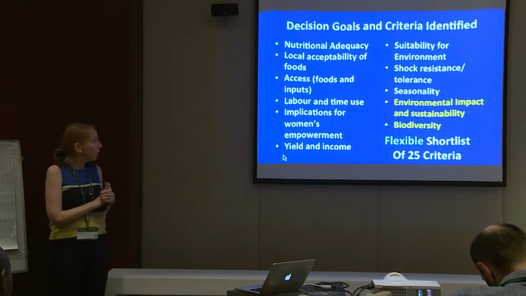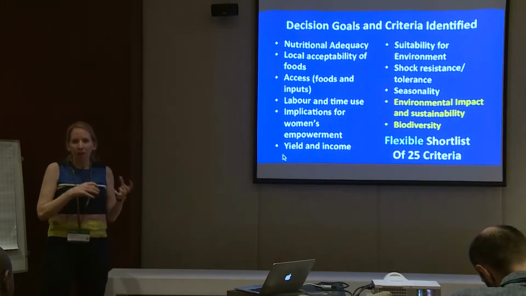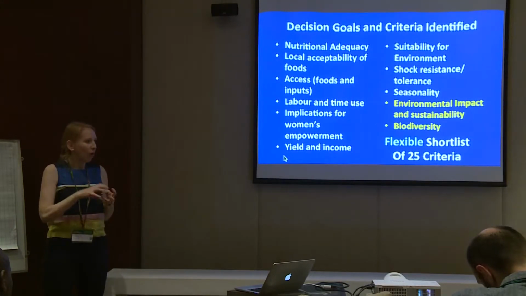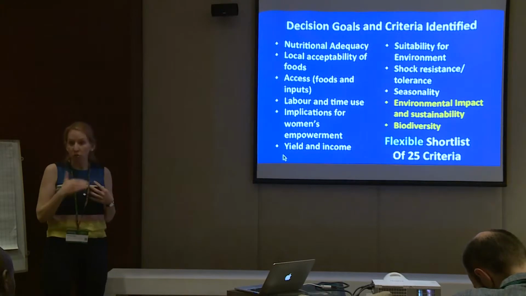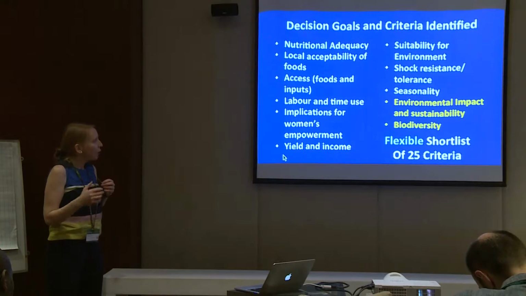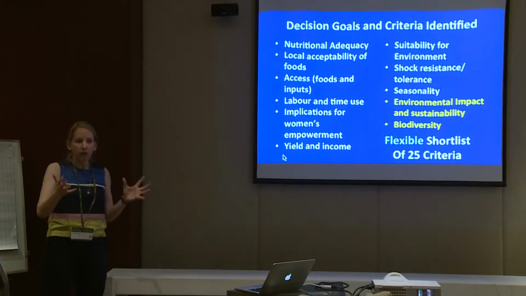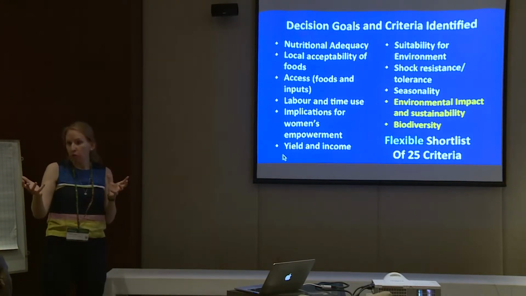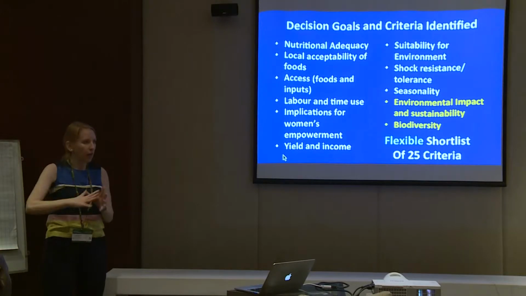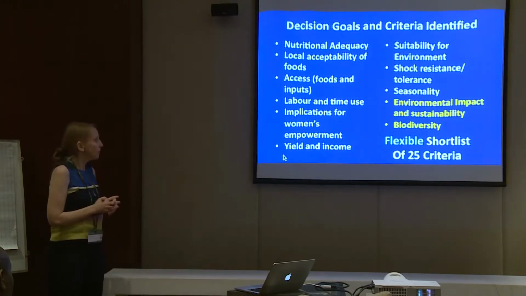Suitability for the local environment, so water needs, resilience to temperature, and risk, such as how resilient different crops were to drought or flooding or pests. Also, seasonality was a big aspect, so whether a food would be only available for 2 months, whether it grew across the year, or whether there would be something like solar drying that you could implement so that it had a longer lasting ability to provide nutrients across the year.